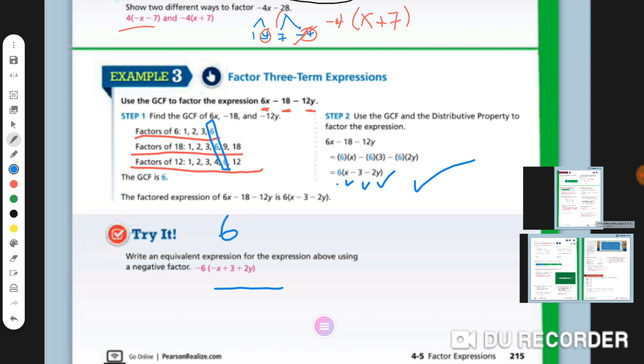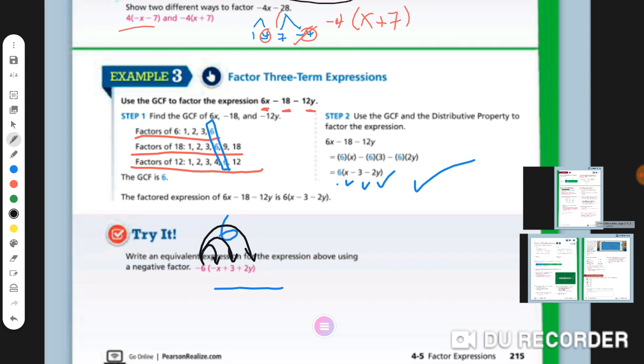As you see here, write the equivalent expression above using a negative factor. What is the equivalent expression? Actually, we'll use the inverse of factorization, which is the distribution property. Negative of the above expression.